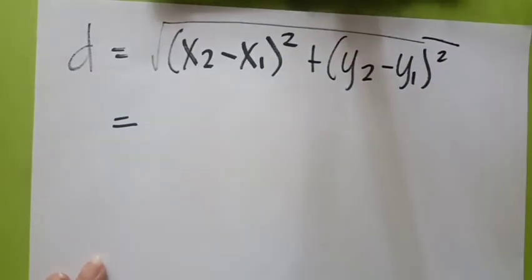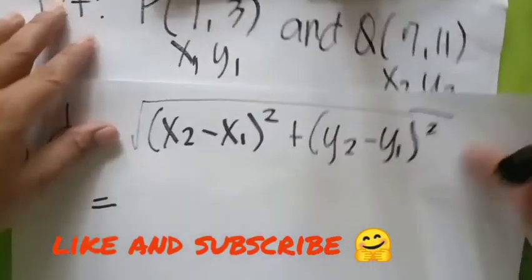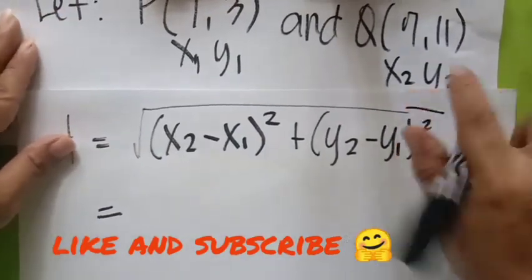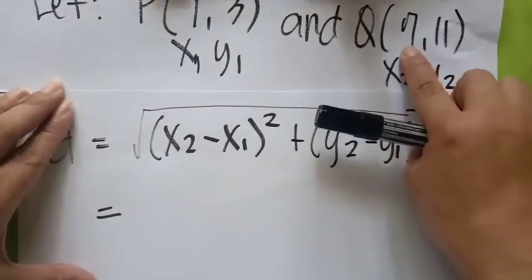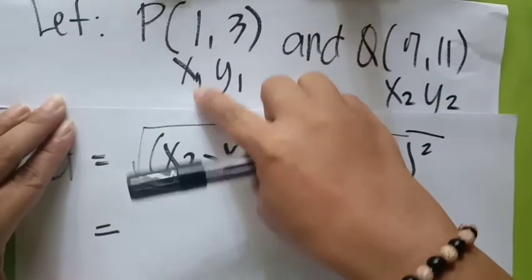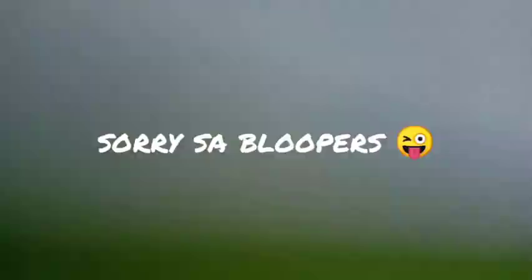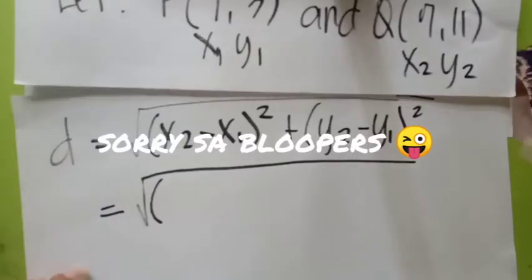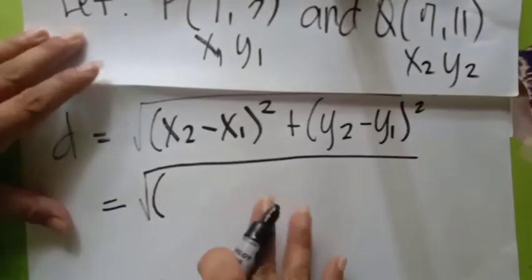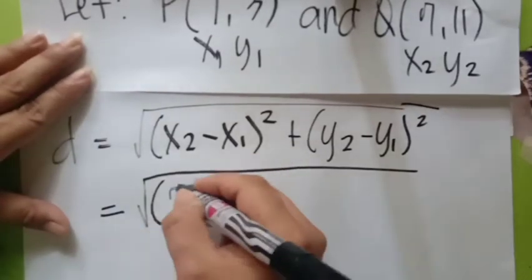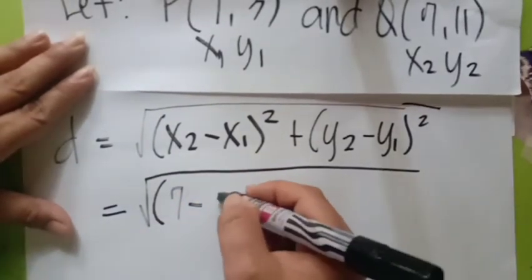So, dun sa nilabel natin kanina, tingnan natin yung given natin. So, ano yung ating x sub 2? So, yung x sub 2 natin is 7. And yung ating x sub 1 is 1. So, ipa-plug in natin siya dun sa formula. So, ang x sub 2 natin is 7 minus x sub 1 is 1.